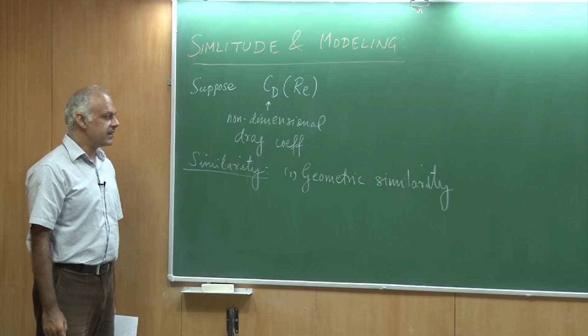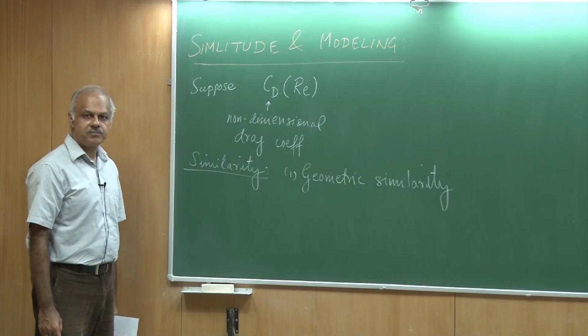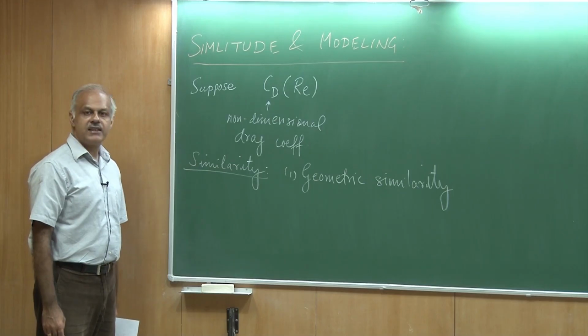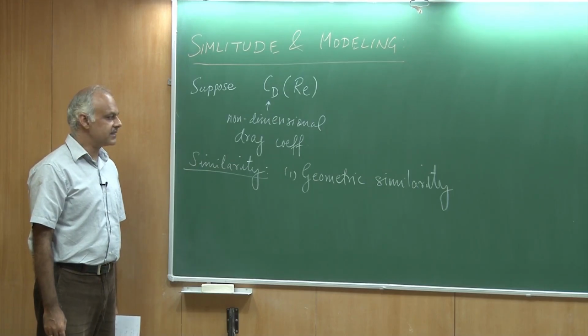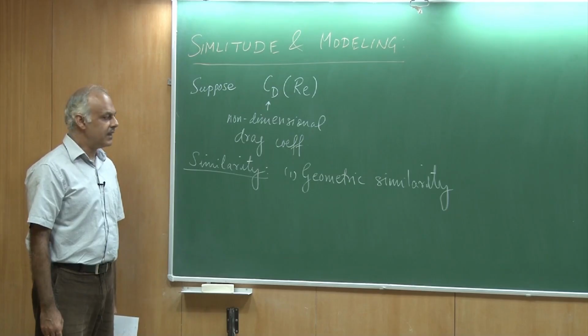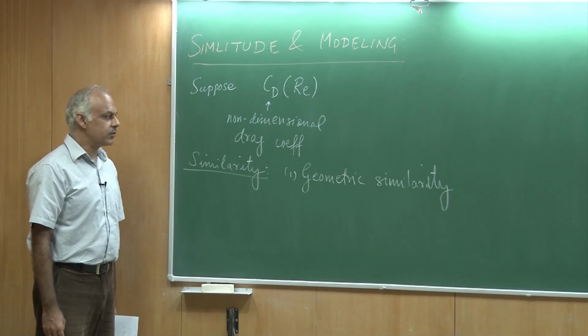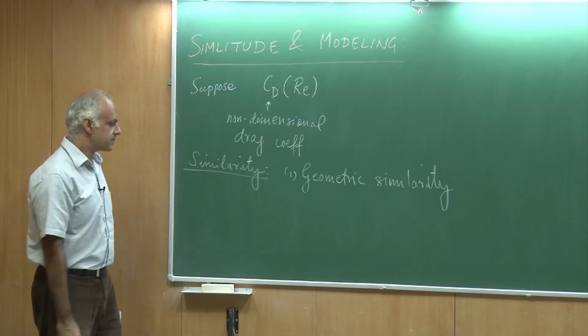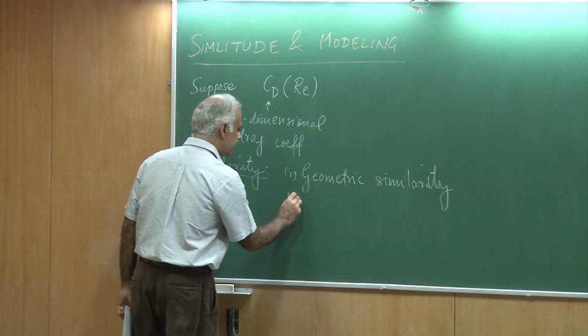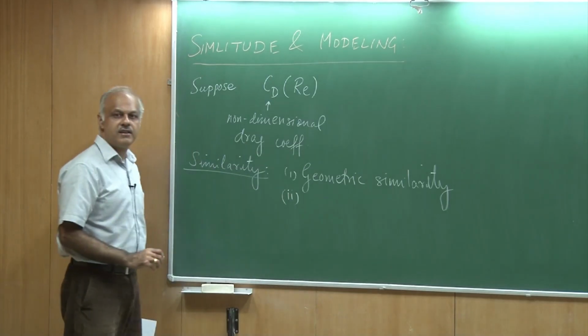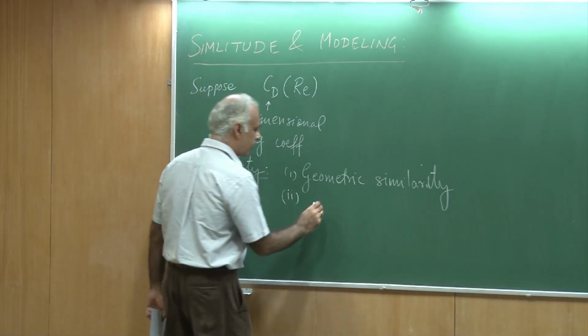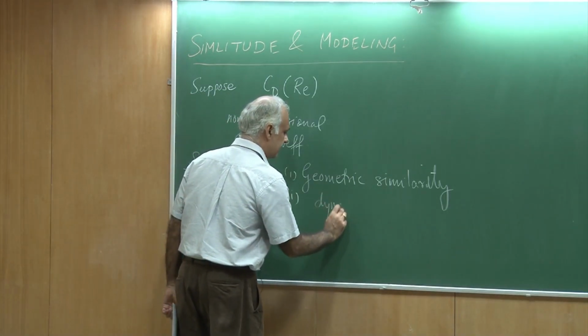So if I had, let us say, a rectangle in the model and in the prototype, then it is a rectangular shape in both of them, and the length scales for the width and for the length of the rectangle would be in the same proportion. If the geometric similarity is ensured, then we can talk about dynamic similarity.